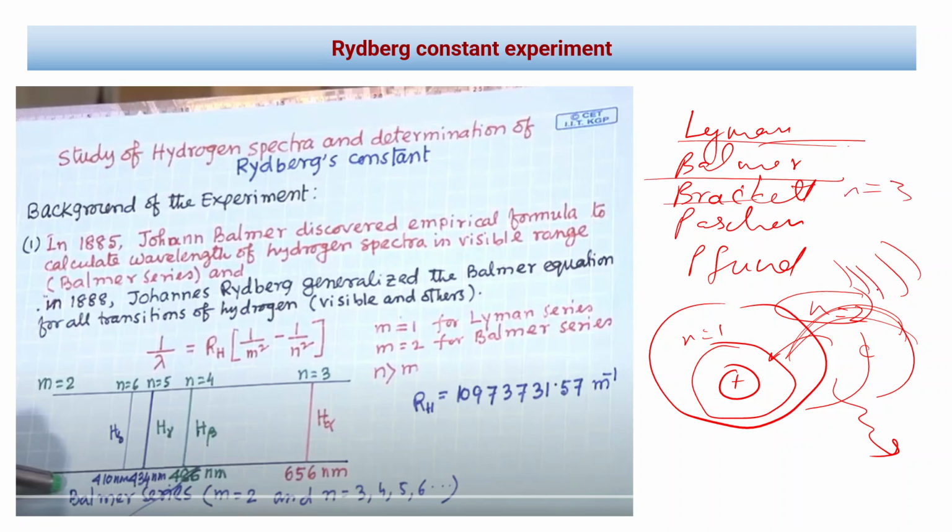It could be coming from 4, 5, 6 or infinity, but if it stays in level 3, we call it the Brackett line series. This is what we have shown here, and this is the formula that Rydberg had given, using which we can find the wavelength of the light coming out. Based on this we had conducted the experiment.